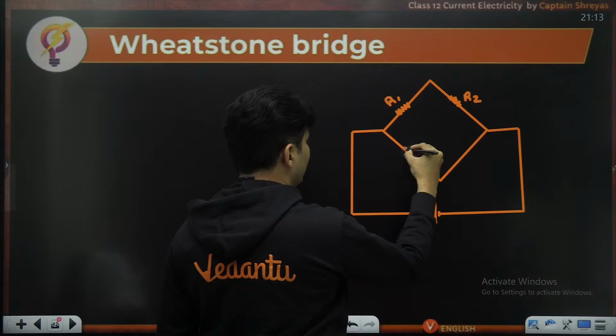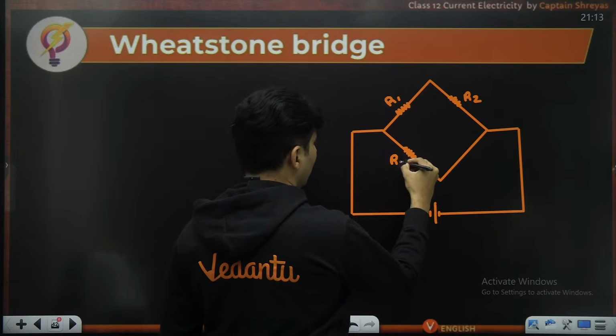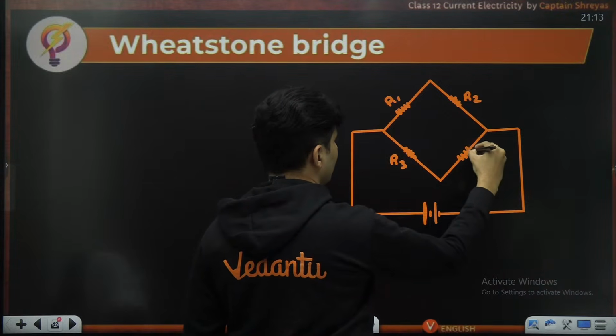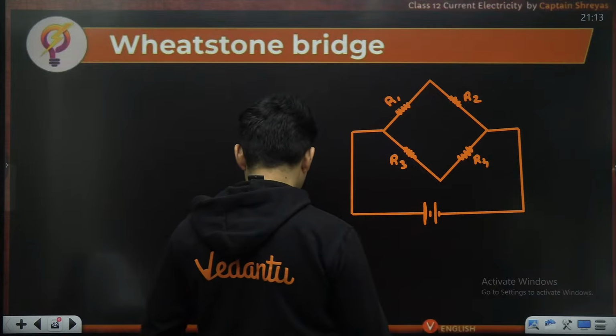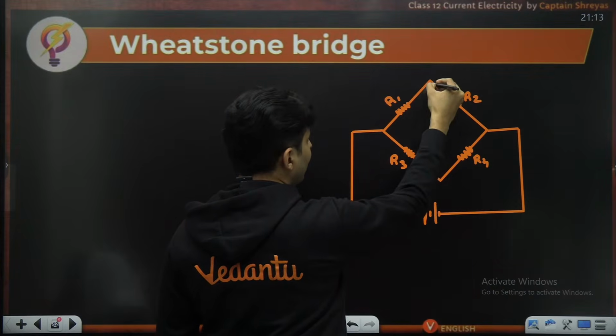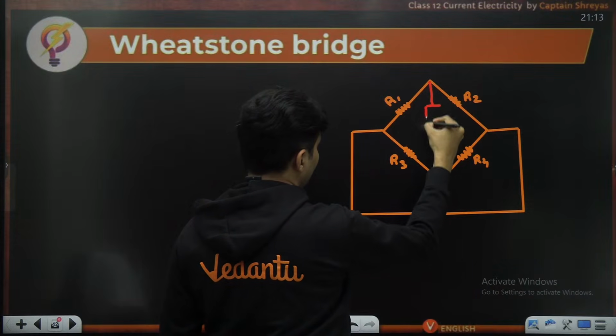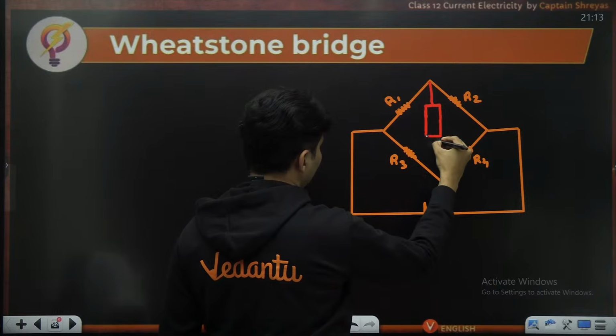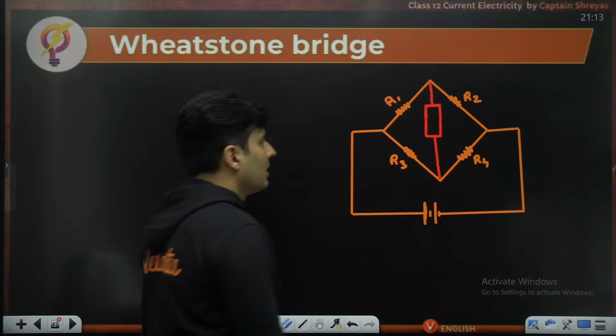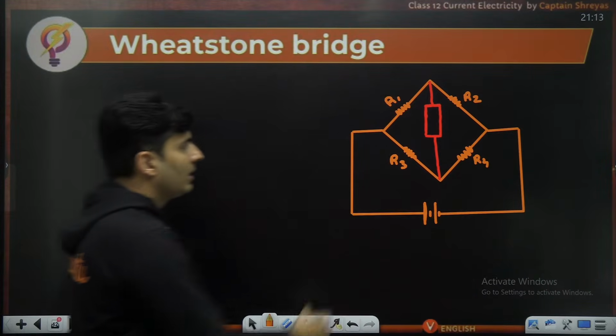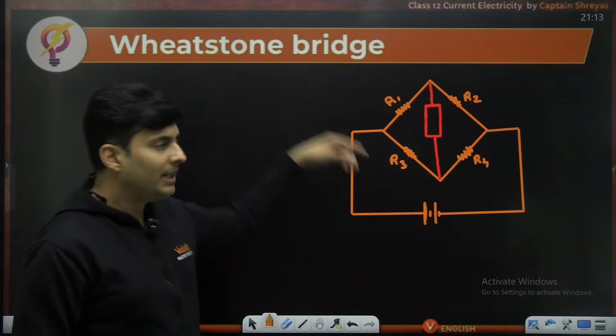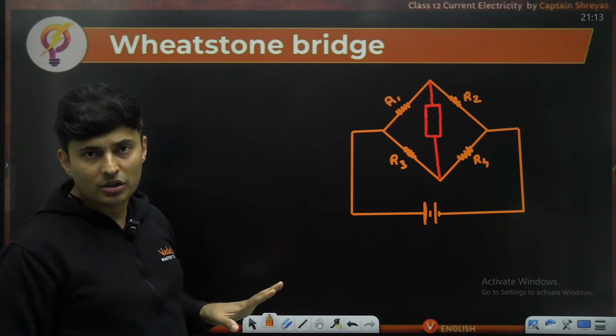It could be capacitance also, by the way, R3, and this is, let's say, R4. And you connect any device in between, doesn't really matter. If you see such an arrangement, it is called a Wheatstone's bridge.